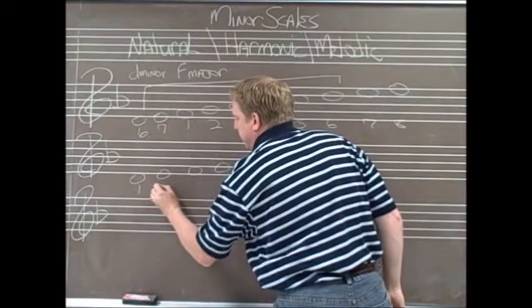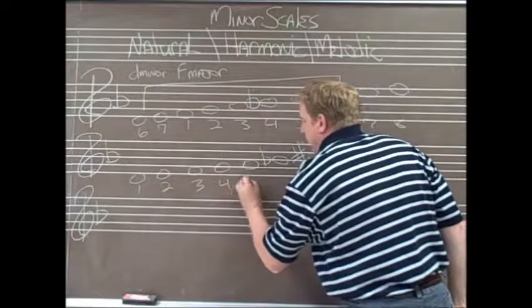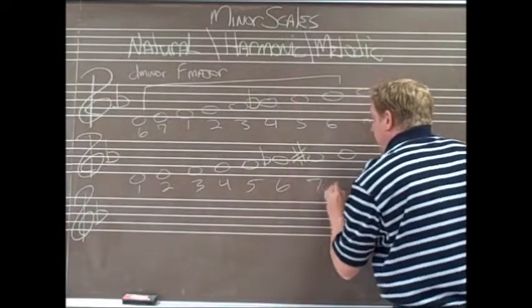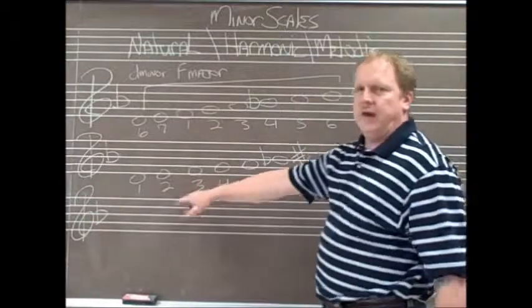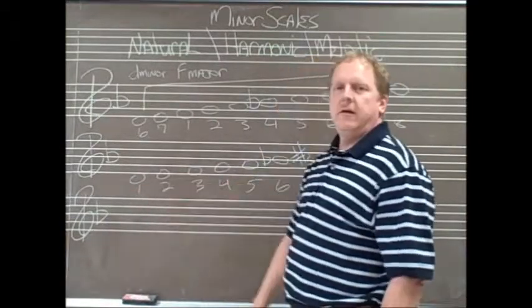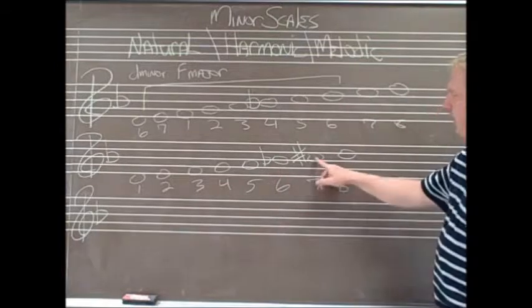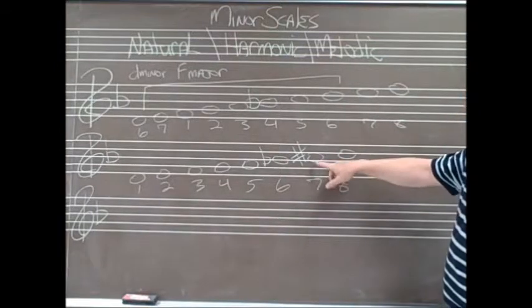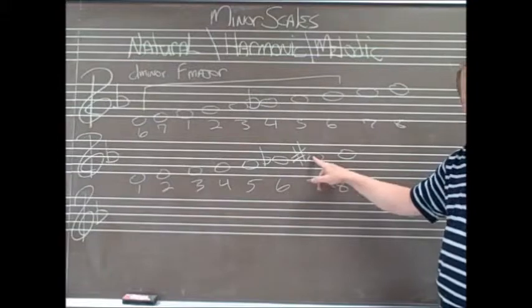So if you take the D minor scale, 1, 2. Now I'm renumbering it with the D being the tonic, or the D being the number 1 note. You can see the only difference between the two scales is the addition of the C sharp.